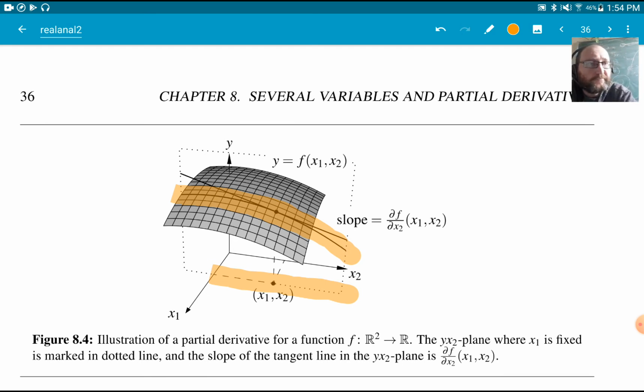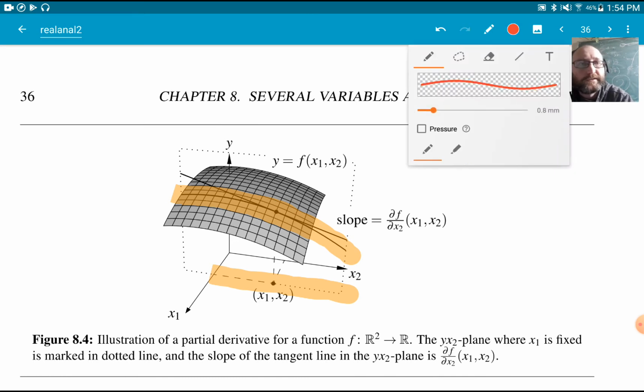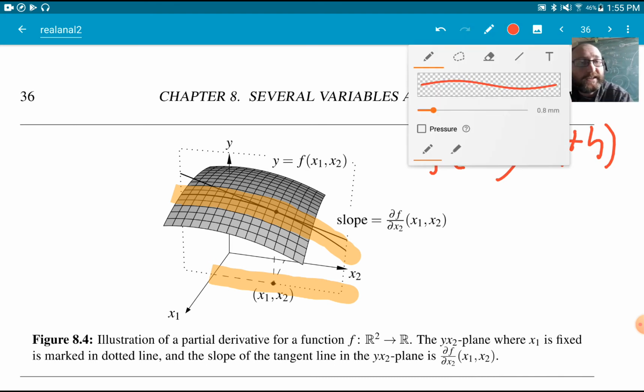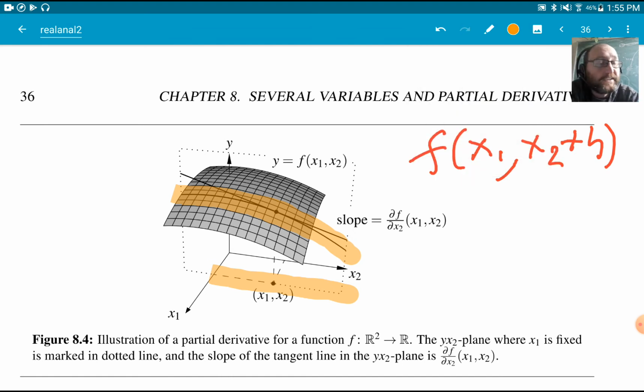As h moves, you move along that. So you're looking at f of x1, x2 plus h, subtracting f of x1, x2, and then dividing by h. That's the difference quotient that we're looking at.